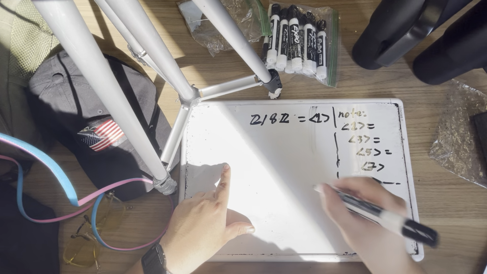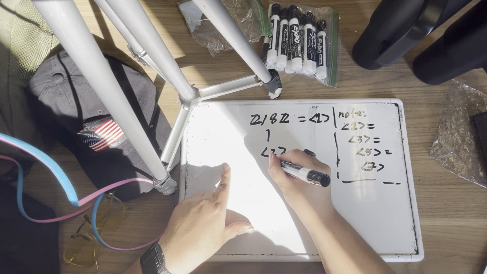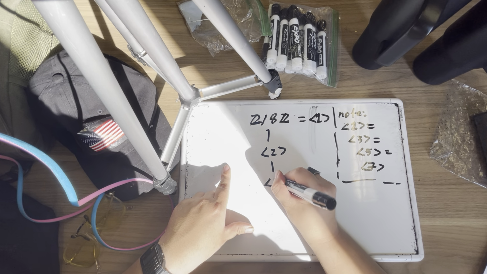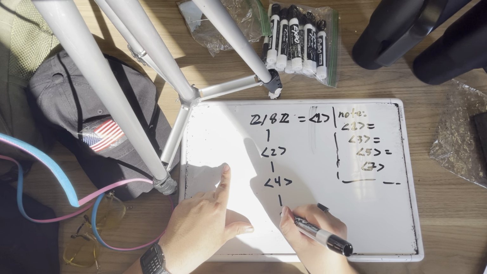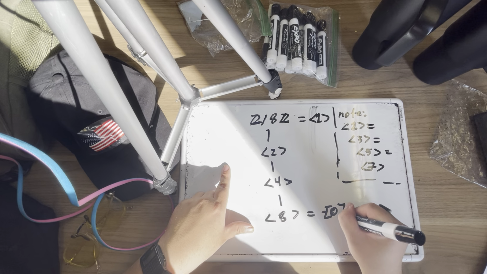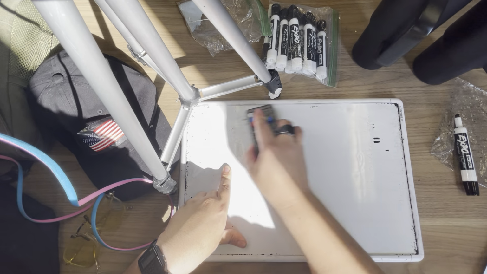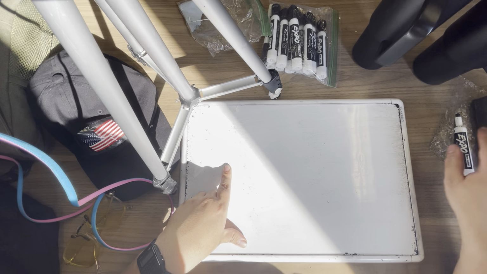That follows. And this here is the group generated by 2, line, group generated by 4, line, group generated by 8, which is equal to the set containing 0 and only 0. So you're beginning to see a pattern of how the lattice diagram works.